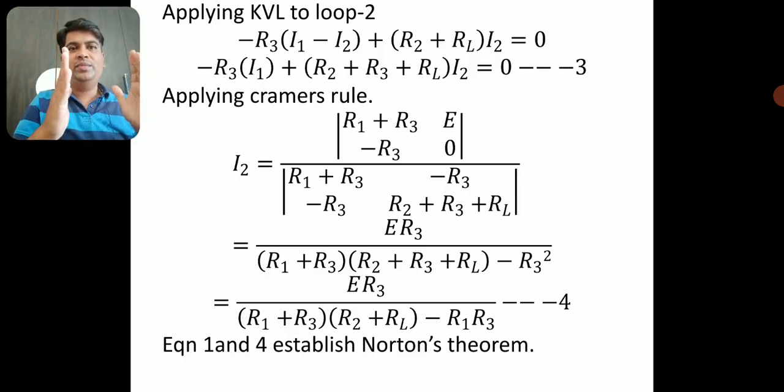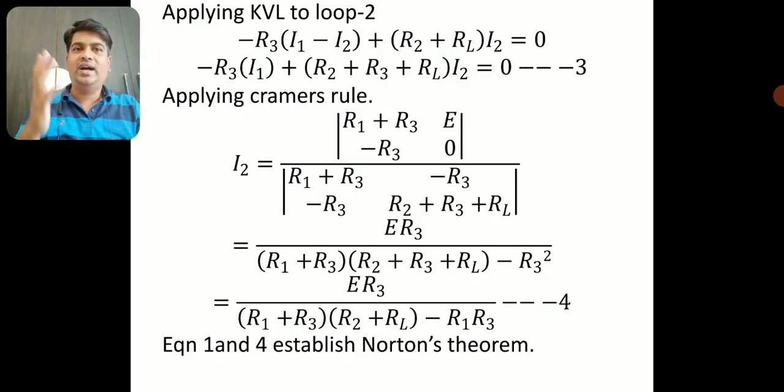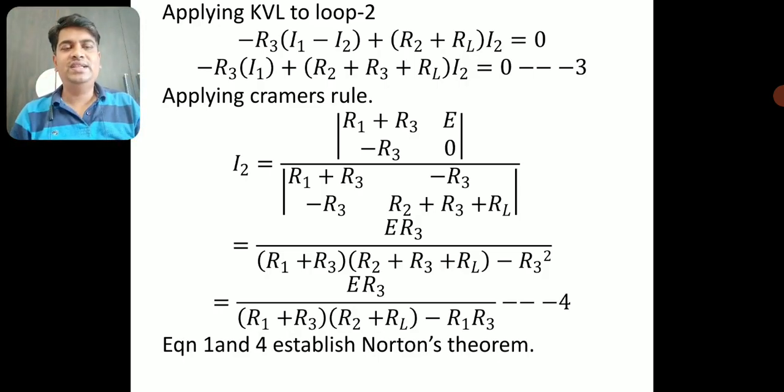Coefficients of I1 and the constants in the numerator. Next, in the denominator, I have to write the coefficient of I1 and the coefficient of I2. This will not change. Only the matrix in the numerator will change, whether you are finding I1 or I2. Right, now it is time to simplify these matrices. I know it's a diagonal multiplication.